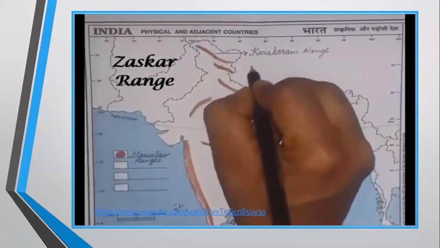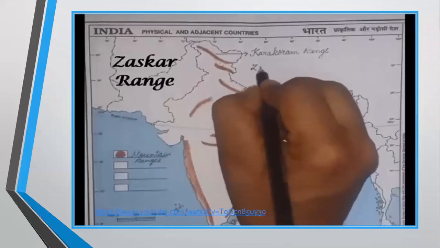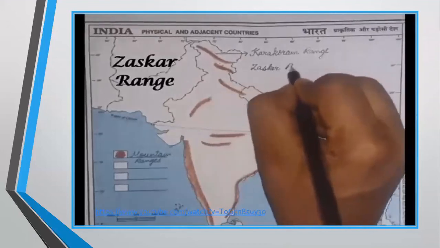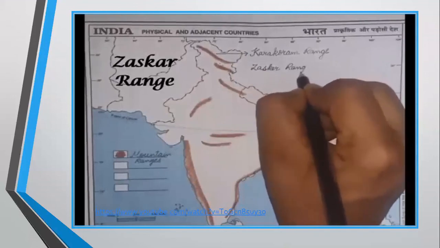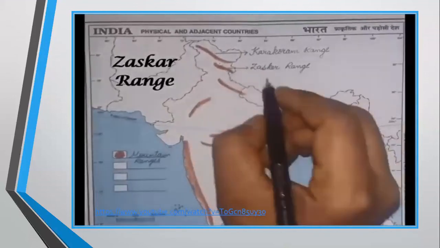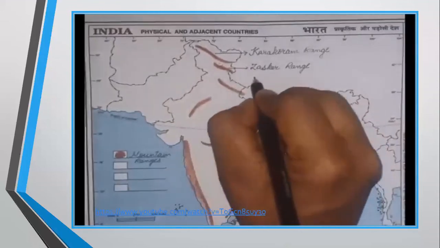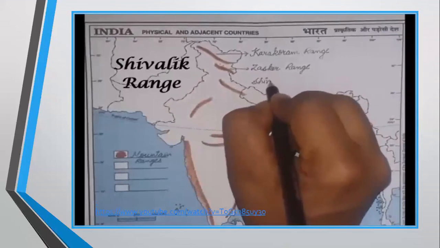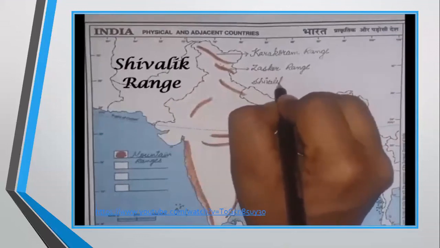You should do the same. Next is the Zaskar range. Don't look at the video and do, otherwise you will get carried forward in the writing. Mark the video, but writing you do on your own. Please write in capital letters only.